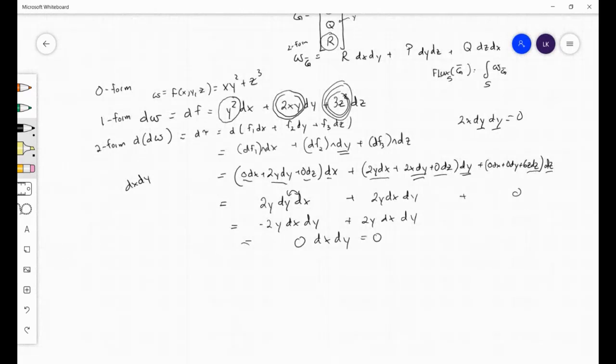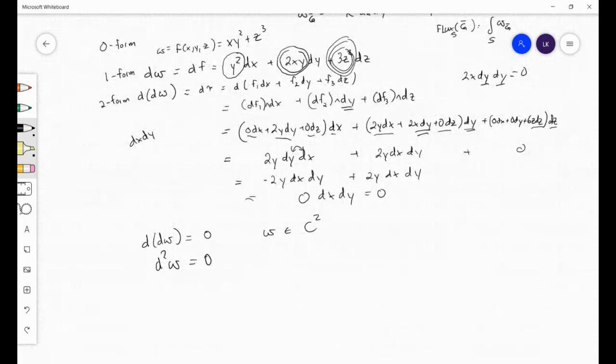And so this reflects an important property that as long as your form is C2, so you can differentiate twice and those derivatives are continuous, then if you take the exterior derivative twice, you should get 0, in the sense of the components of the form being C2. So that's an important property.